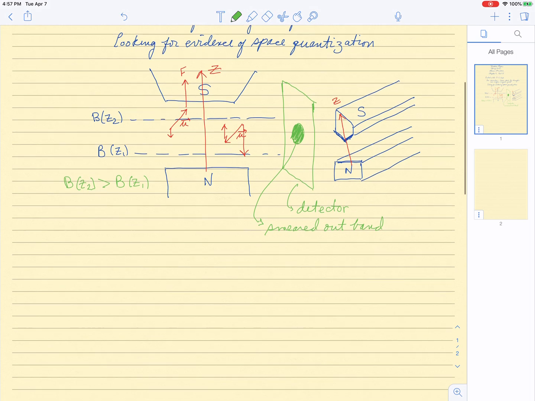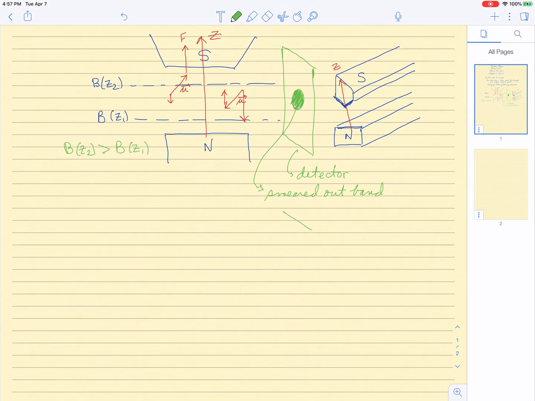But what they actually saw on the detector was this kind of arrangement, where there was a band up top and a band below, and in between was no detection.